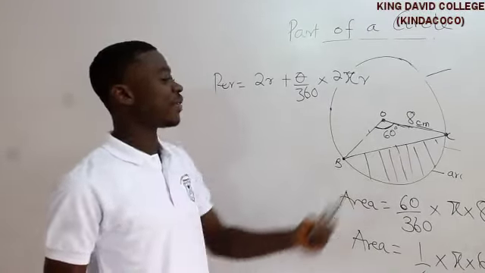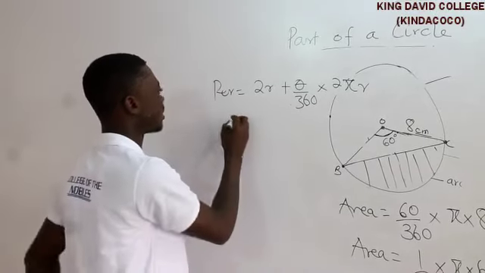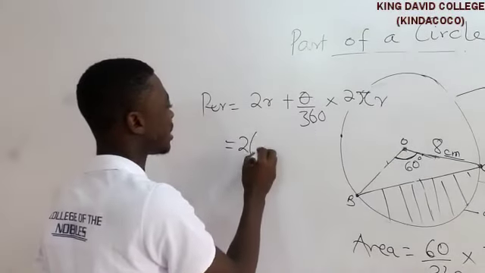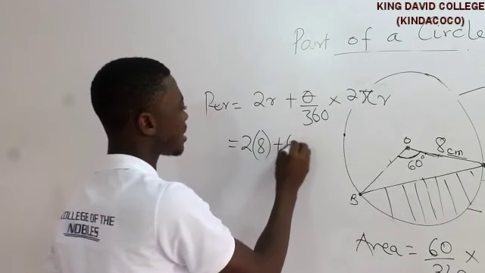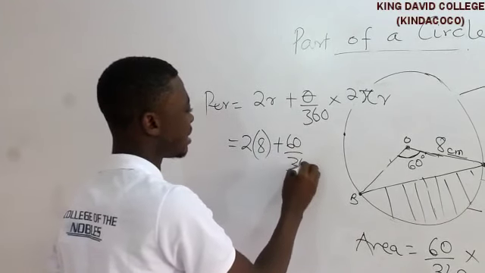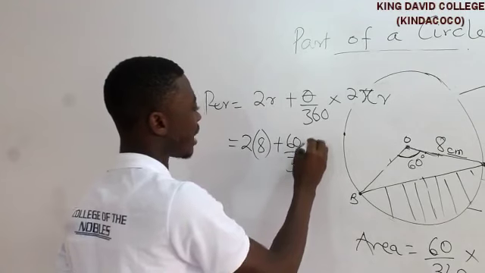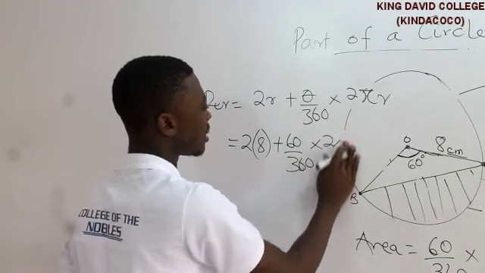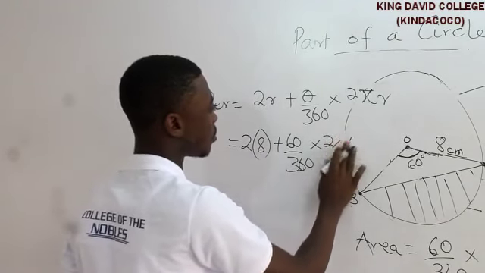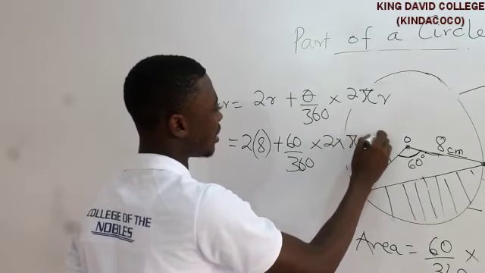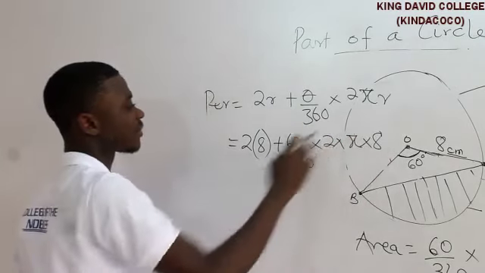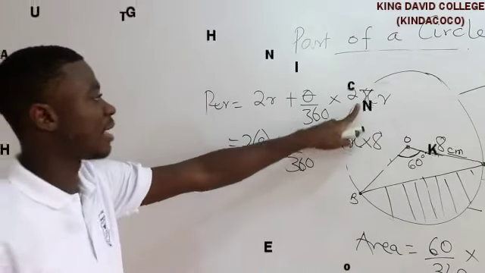Now we know the variable values, so we just put them in this equation. So you have 2 times 8, which is my radius, plus 60 over 360 times 2 times pi times the radius, which is 8.